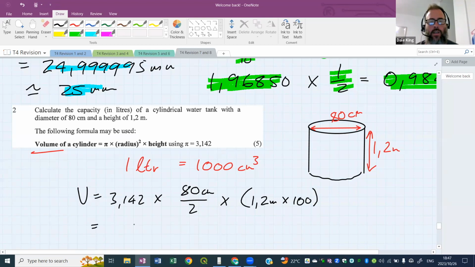All right, let's write this out again. So it's 3.142 for pi times, like Mohammed said, we don't work with diameter. This formula needs radius. Cut the diameter in half. So that's 40 squared.